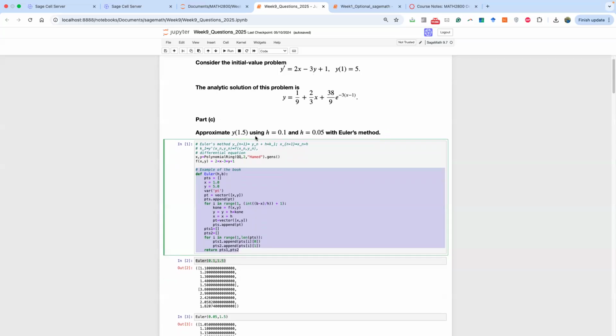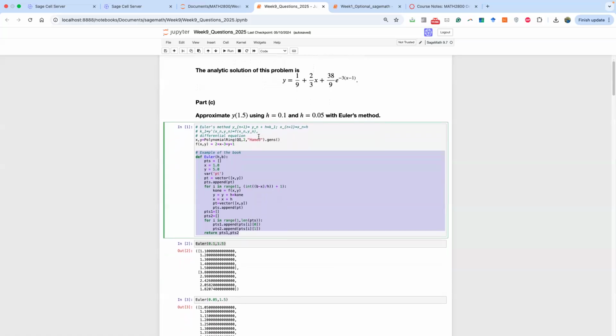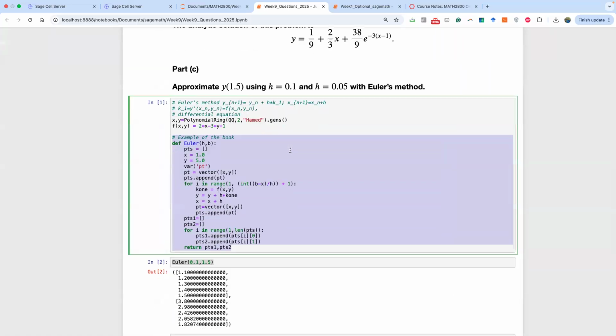Anyway, week 9 question 1 is here: y prime, the initial condition, the analytic solution, and part C, focusing on calculating y of 1.5. All right, we can use a package, but I prefer not to, which I explained in week 8. We use our own algorithm, which is faster and efficient and fancy, of course. So let's define a function and call it by a meaningful name, Euler.